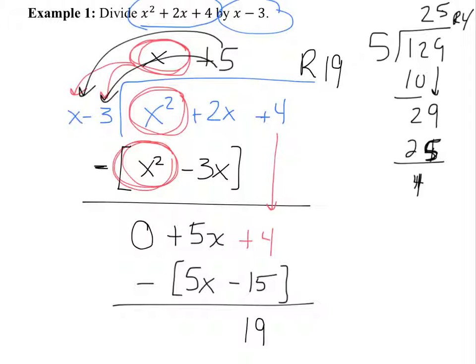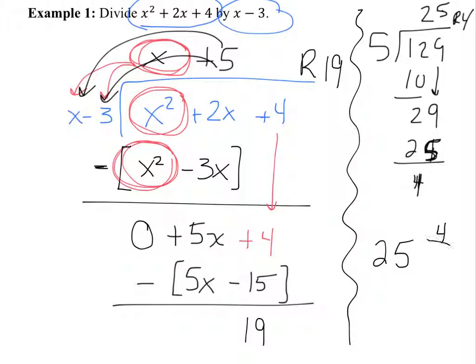But think back to mixed numbers. What would this answer become? Let's split the page. On the right, what would that answer become as a mixed number? What would the answer look like if I wrote it as a mixed number? 25 and 4/5. Do the same thing. It's this and 19 over this.